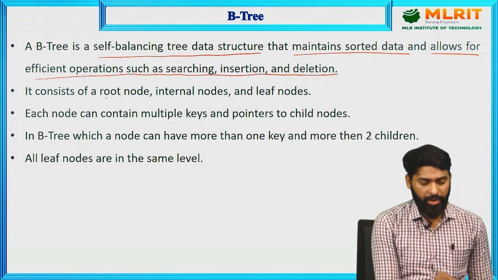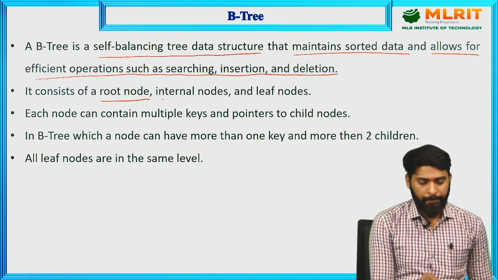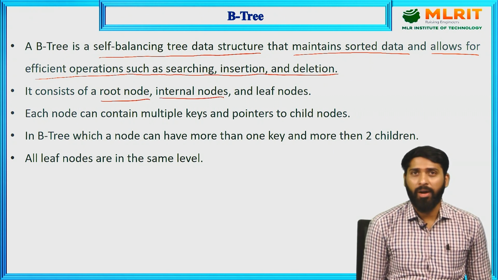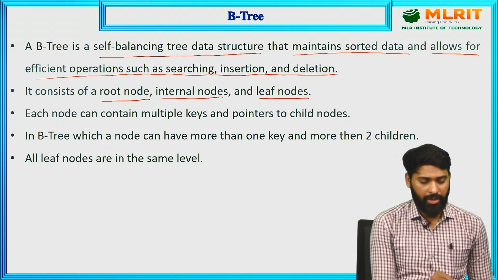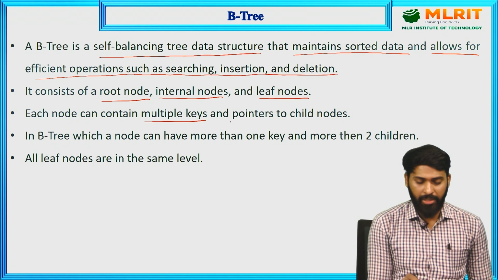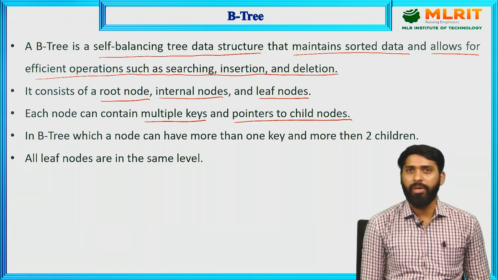It consists of a root node, internal nodes and leaf nodes. Each node can contain multiple keys and pointers to child nodes. So, this is the important point in B tree.